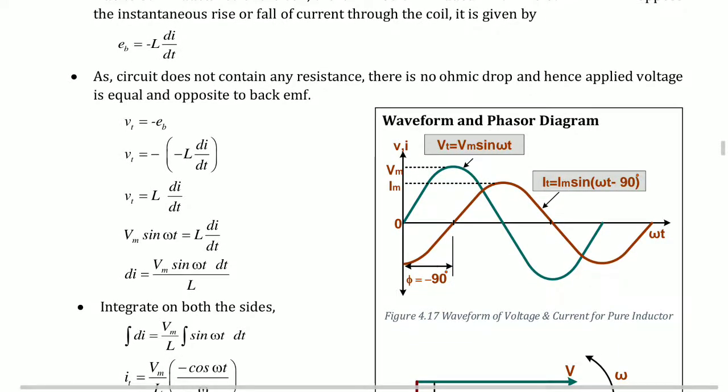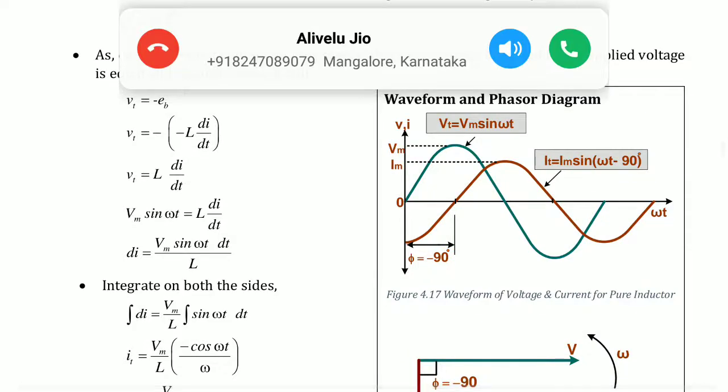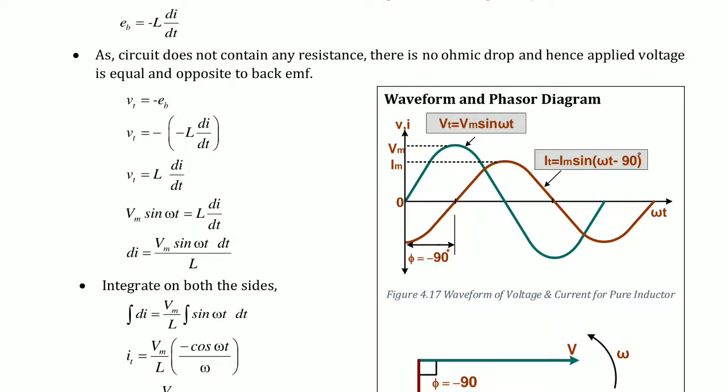We want the current here, so how can we derive this equation? di is equal to Vm sin omega t dt by L. Integrating on both sides, we can get the current.